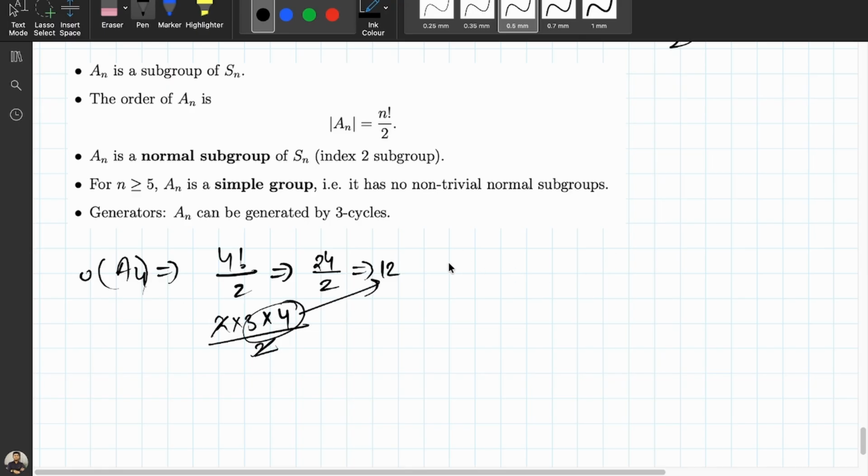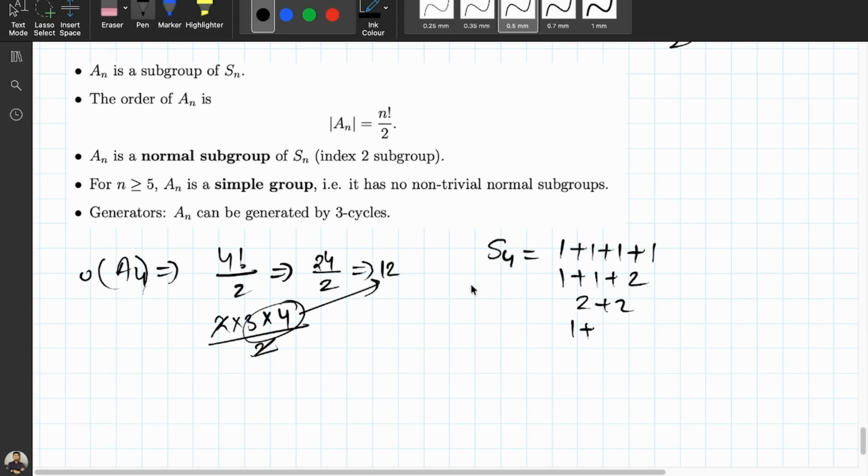If 12 elements are there, what are the elements? Write S4: 1 plus 1 plus 1 plus 1, then 1 plus 1 plus 2, 1 plus 2 plus 1, that's the same thing, 2 plus 2, 1 plus 3. Next, from here, 4 will be there.